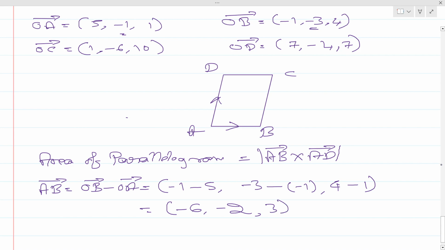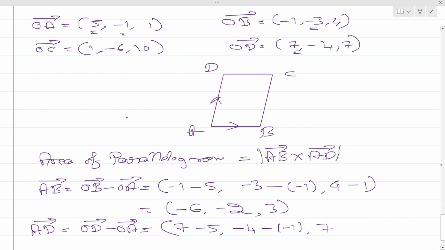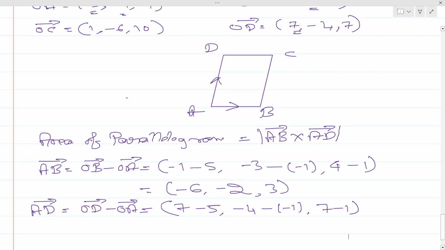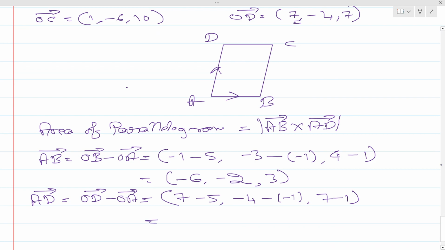Similarly, if I want to find AD, that will be OD minus OA, that's by the triangular law of vectors. The coordinates of D with A: 7 minus 5, comma minus 4 minus of minus 1, and 7 minus 1. So this vector ends up to 2, negative 3, 6.